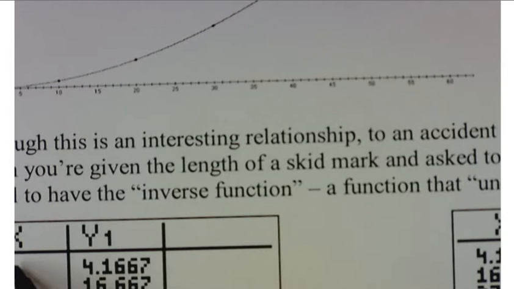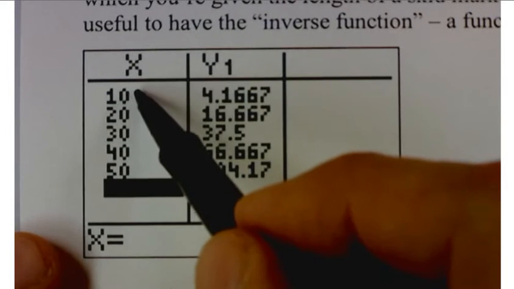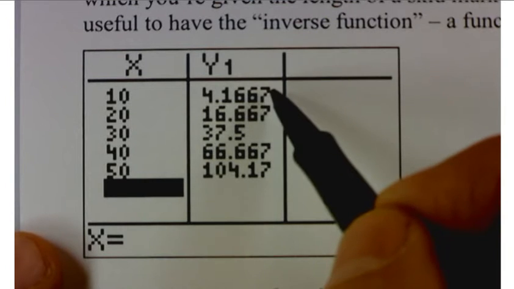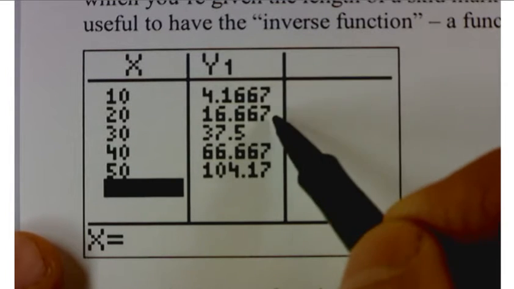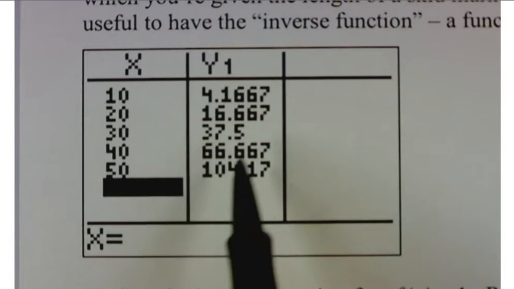So when I double my speed from 10 to 20, the length of the skid mark did more than just double. It quadrupled, because it's going up with the square, and so on. So this is MPH, and then it's the length of your skid mark.